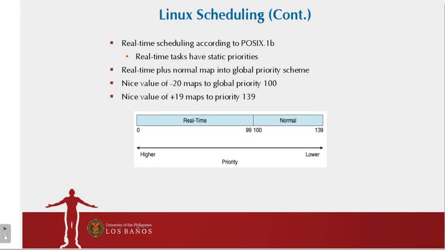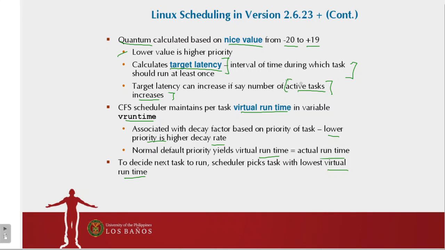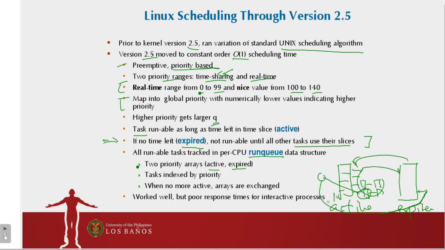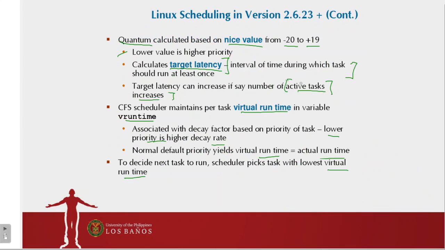I mentioned in the slide that the quantum is calculated based on a nice value from -20 to +19, and the priority actually is computed based on this nice value.